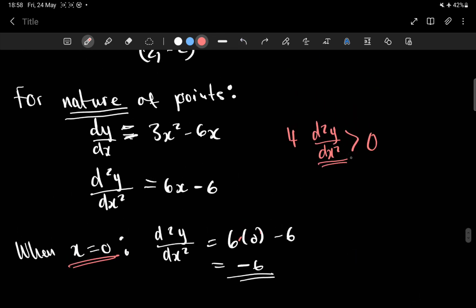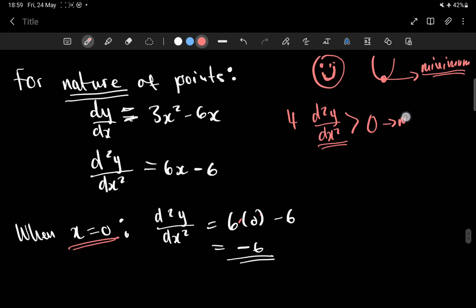Here the conditions say if the second derivative is greater than 0, that means your curve is smiling. Because it is greater than 0, he is happy, he is smiling. And when he is smiling, what type of turning point is this? It's a minimum. Don't ever make a mistake.